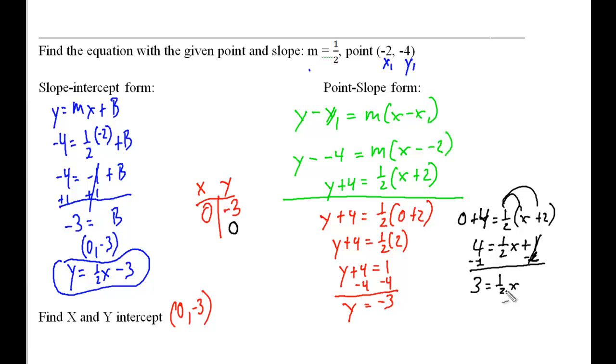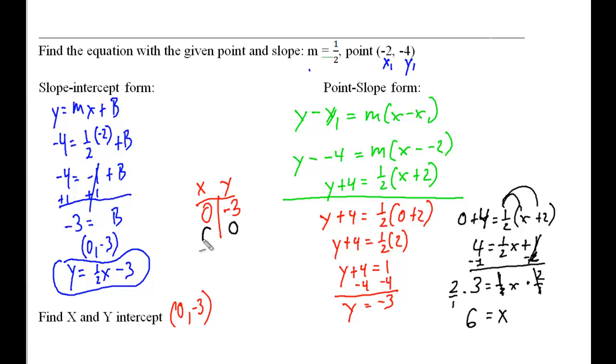Now, the way to get rid of the 1/2 times the x is to divide by 1/2 or multiply by the reciprocal, 2 over 1. 2 over 1 times 3. And these 1/2s will simplify to 1. 1/2 times 2 over 1 is 2 over 2, which simplifies to 1. 2 times 3 is 6.